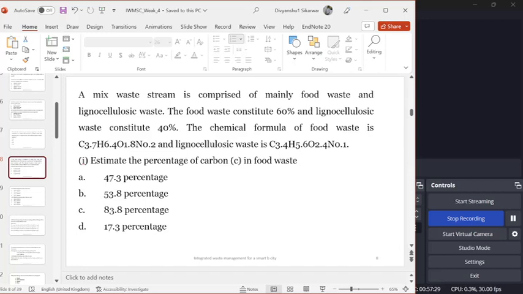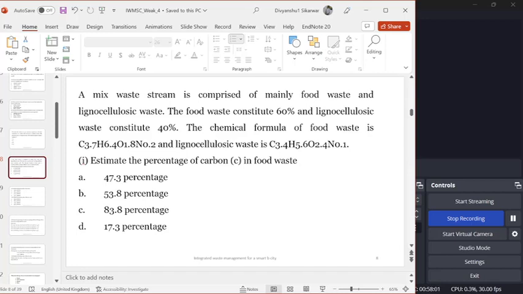We were generating a mixed waste stream which contains 60% of food waste and 40% of lignocellulose, which is a component normally in papers and cardboards. One of the components is lignocellulose wood. So apart from cellulose and hemicellulose, lignocellulose is comparatively non-biodegradable, very hard to biodegrade.